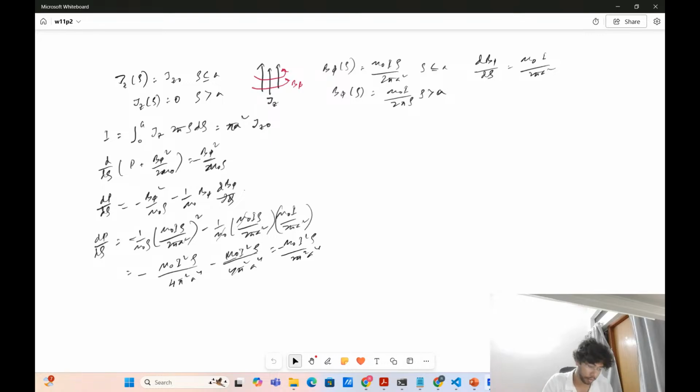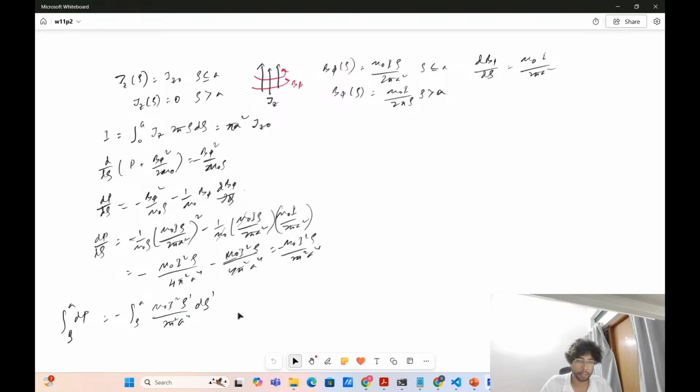Now we just integrate dp from rho to a, right? Rho is any radius within a. So rho to a, mu naught I square rho prime over 2 pi square a to the 4 d rho prime, right? So this will be rho prime d rho prime. Rest are all constant.